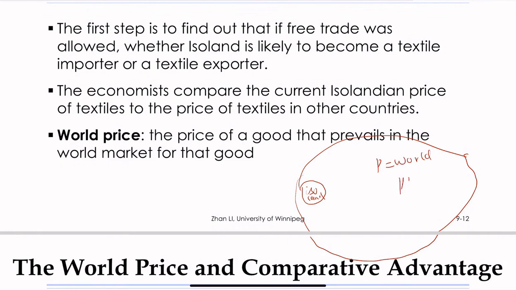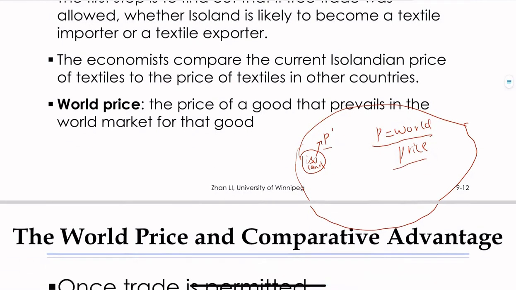It's the price which prevails in the world market, and Iceland also has a price for textiles. So our first step is we want to compare this world price versus the price in Iceland.